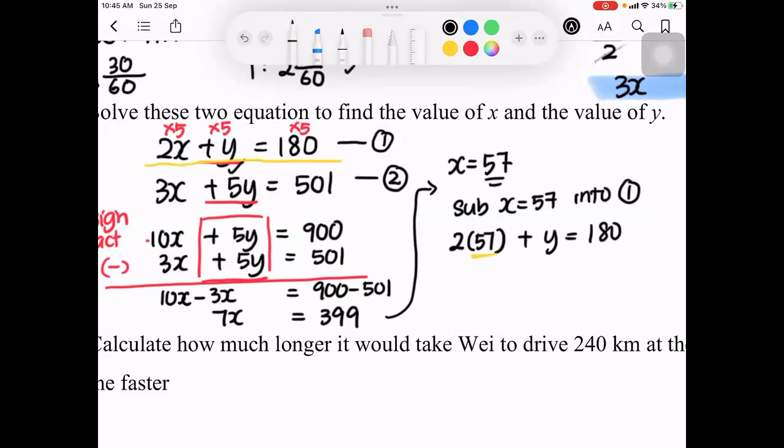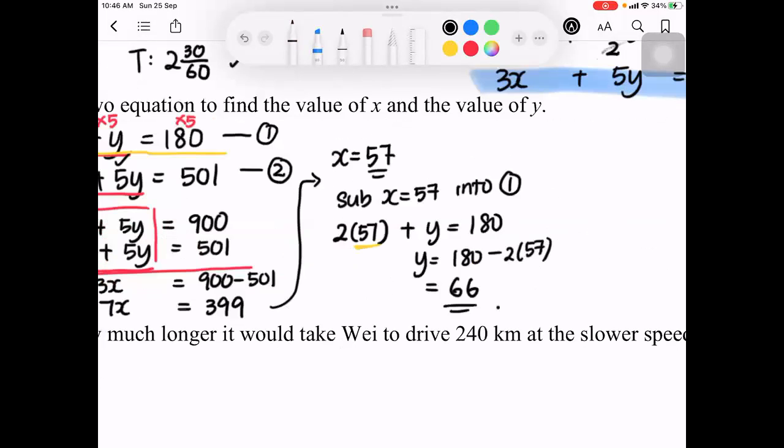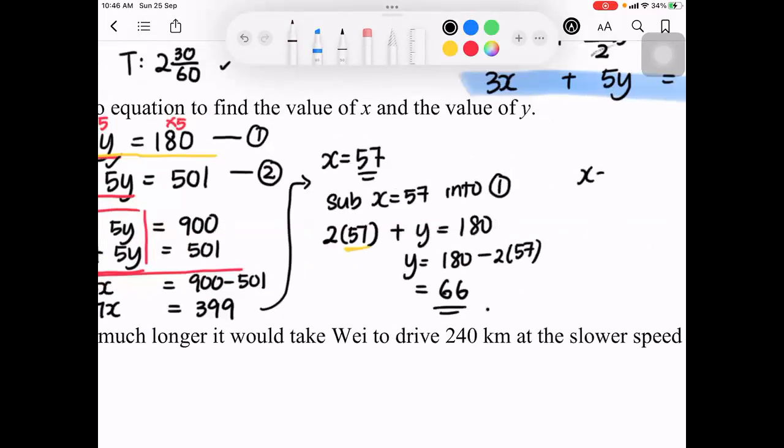So then I want y only. That means I take 180 minus 2 times 57. Calculate the number. I get 66. Okay, so find the value of x and y. X equals to 57. Y equals to 66. Answer.